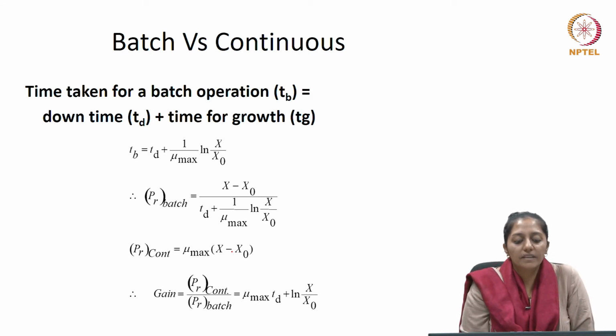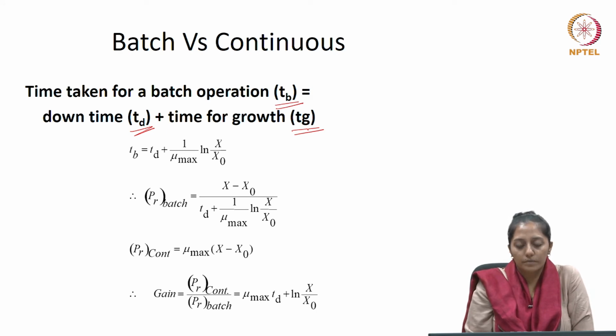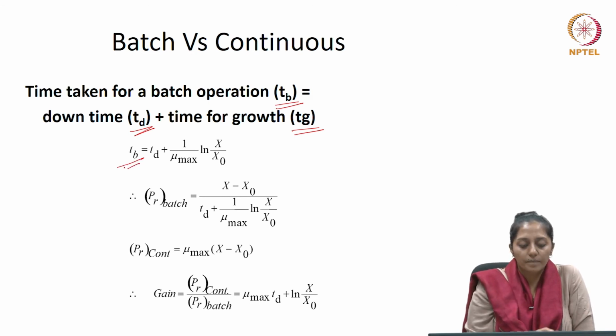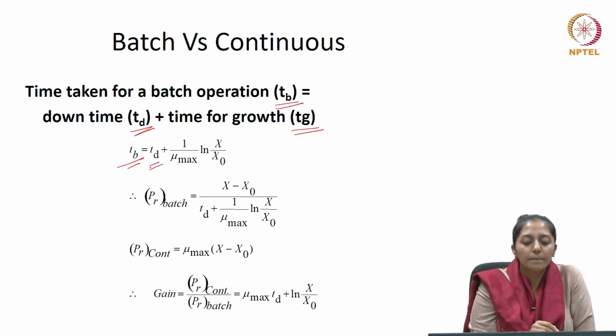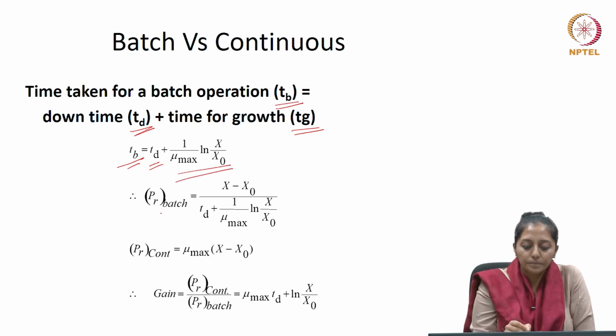So, let us assume that the time taken for the batch operation is represented as TB as shown on the slide, the downtime as TD, and the time for growth, to be more precise, is given as TG. Then the total batch time, which is the time spent till we run the next batch, will be the downtime plus the time spent for the growth, which we generally call the batch time.